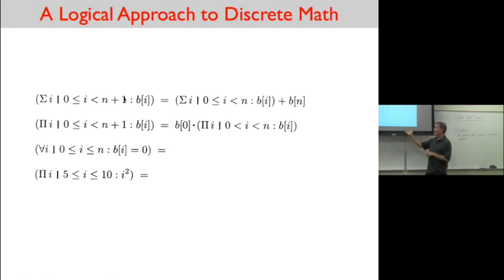Yeah? So Kyle, what do you think? For all I, 0 less than or equal to I, less than or equal to n, let's split this off on the right. B sub I equals 0. So notice that now, do you remember what the operator is for all? It's either and or.